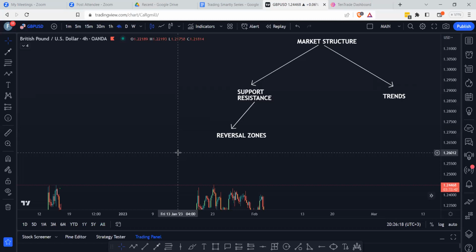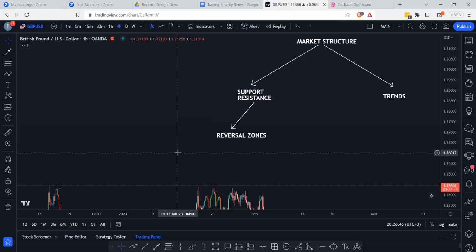So we mark out those areas where price has reversed in the past, so that if price should come back into that zone in the future, we would also be anticipating a reversal. That will guide us and let us know if we should buy or sell at those zones.